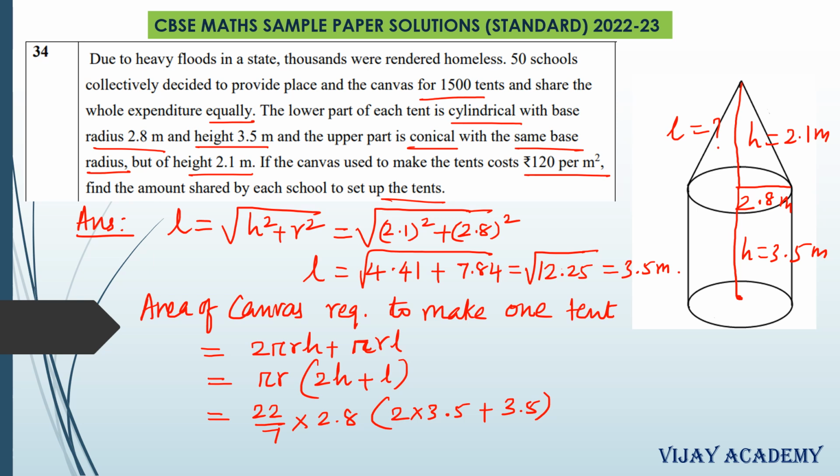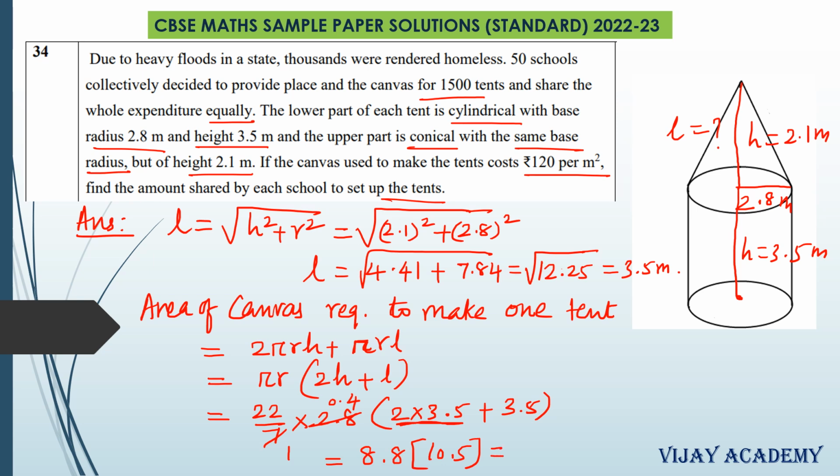Now 2.8 is divisible by 7, 0.4 times, and then we can write 22 into 0.4 is 8.8. Then into we have 2 into 3.5 is 7. 7 plus 3.5 is 10.5. So now we have to multiply this.